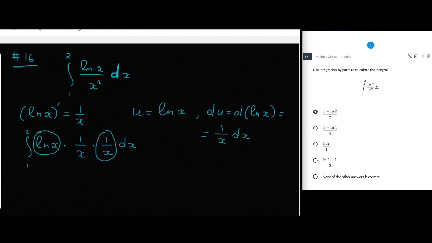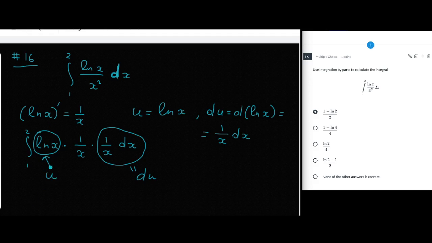And that is actually a term in our integral. So right here we have 1 over x dx. I can replace that term with du. And of course, the first term in our integral, natural log of x, could become u.